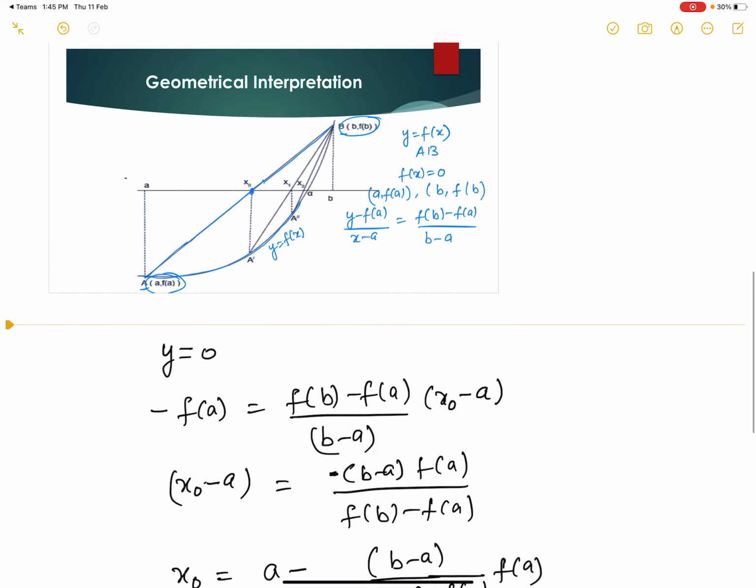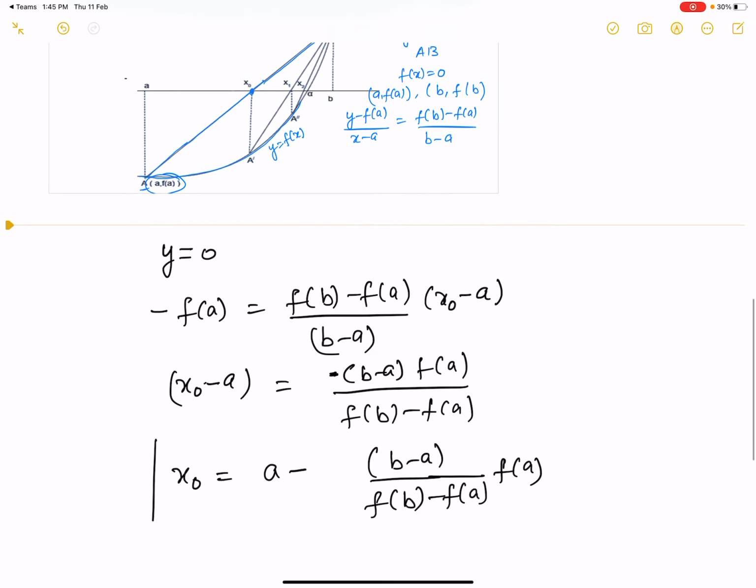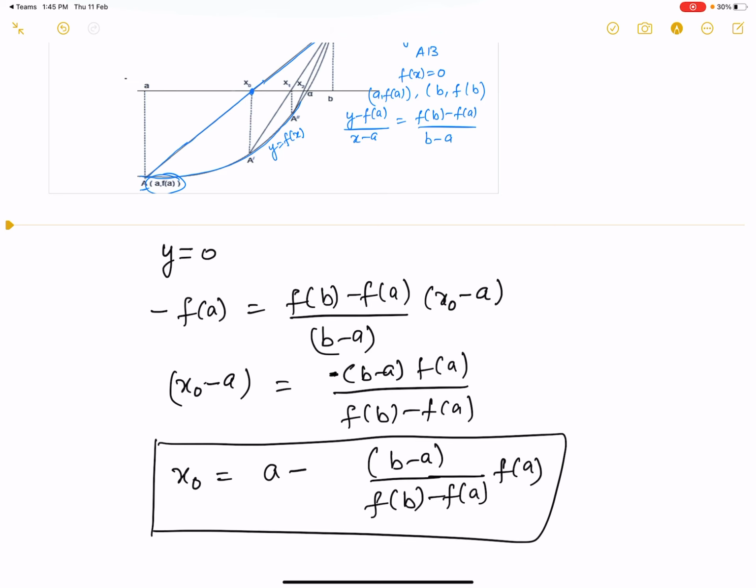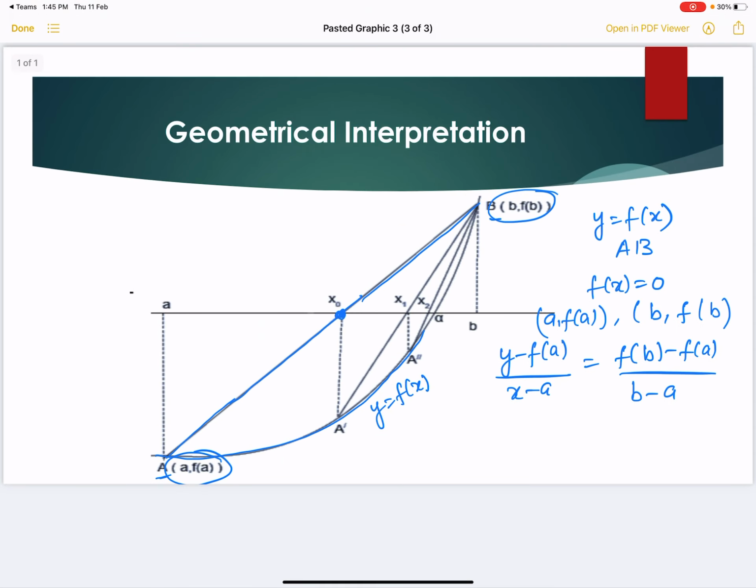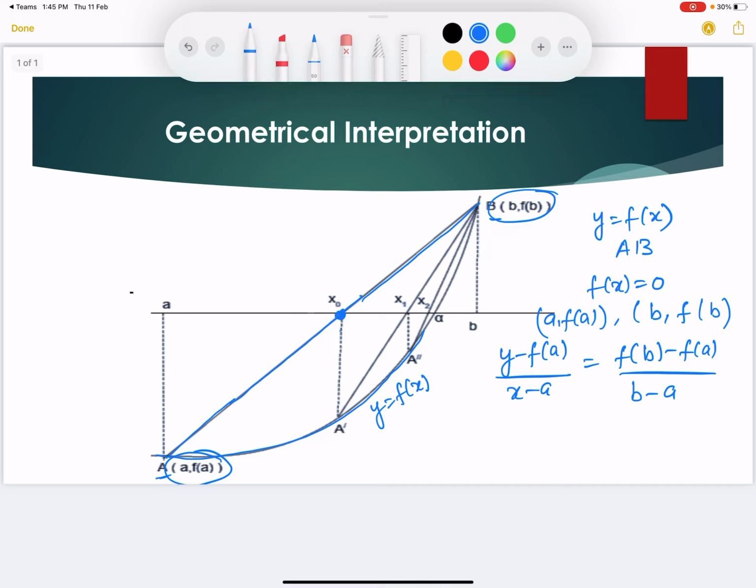We'll repeat this procedure until the root is found. How do we repeat the procedure? Once we got the value of x0, now we'll find the chord between A dash and B, that is, the line joining A dash and B. Again, we'll find the value of x1, the point at which this line intersects the x-axis.